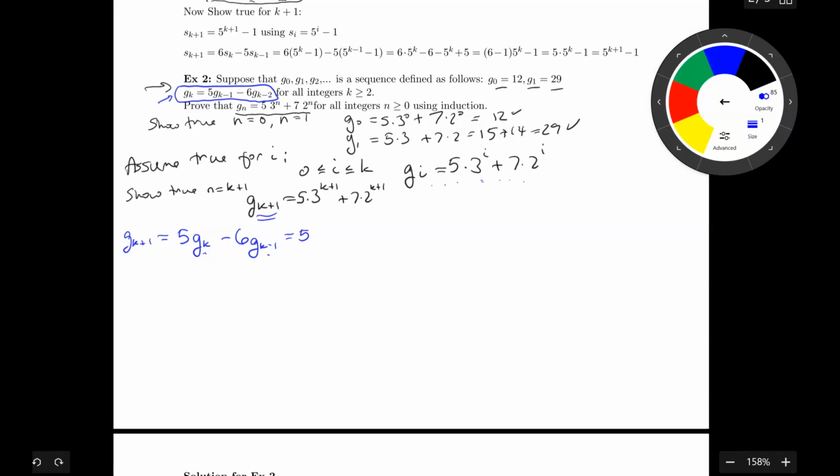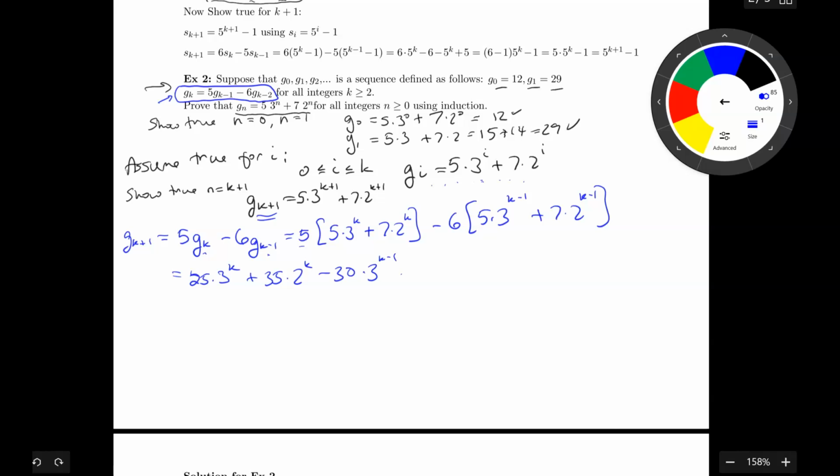So let me just go here 5 times, and now I'm putting in k, minus 6 times, and now I'm putting in k minus 1. Okay, so I'm going to suggest first we just multiply these numbers in. So I get 25 times 3 to the k, plus 35 times 2 to the k, minus 30 times 3 to the k minus 1, minus 42 times 2 to the k minus 1.